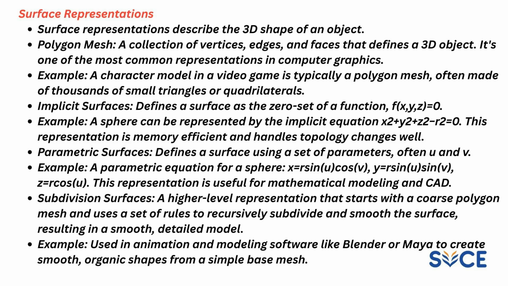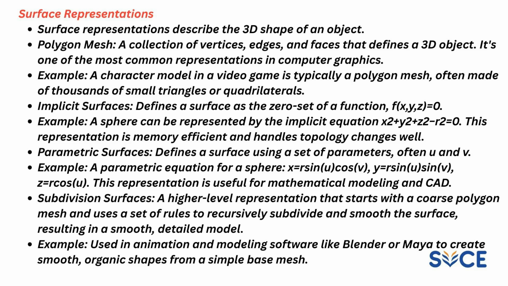We can next talk about subdivision surfaces. These methods begin with a coarse polygon mesh and repeatedly subdivide and smooth it to create a detailed, smooth surface. It combines the simplicity of polygon meshes with the smoothness of parametric surfaces.